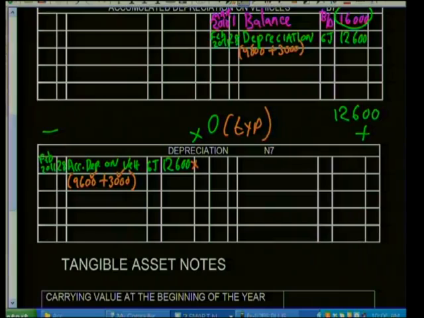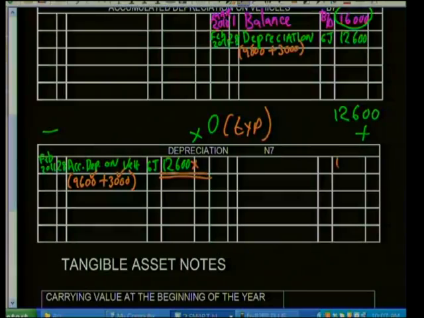Okay, right, almost at the end of our ledger accounts. Remember, the question wanted us to balance these accounts or close off these accounts at the end of the financial year. So let's start off with depreciation first. Depreciation is an expense, and we know from grade 10 accounting that all expenses are closed off to the profit and loss account.